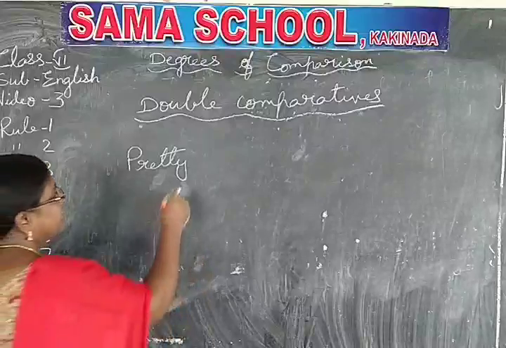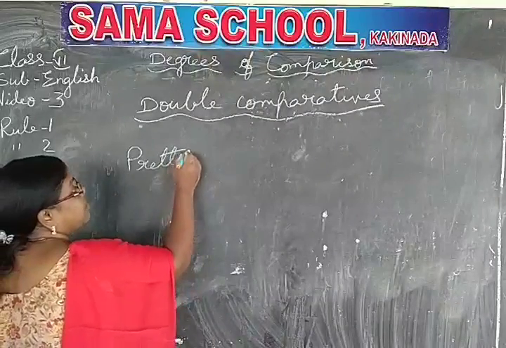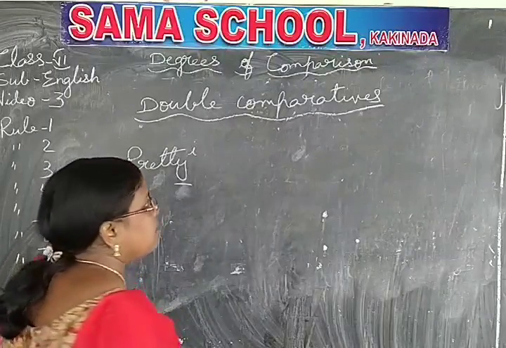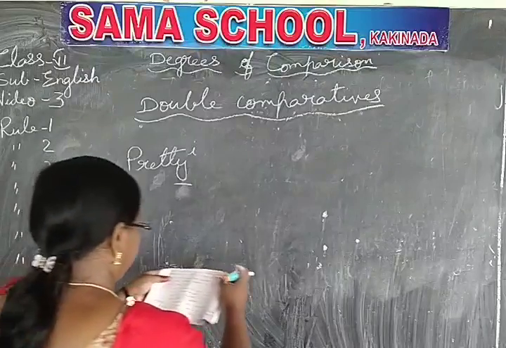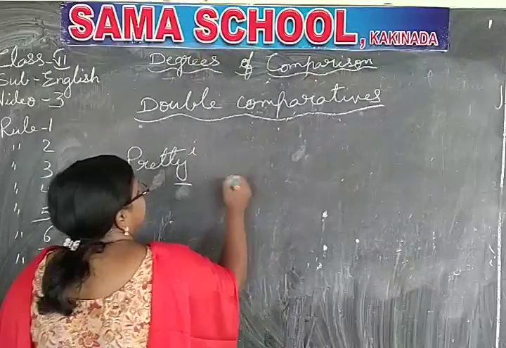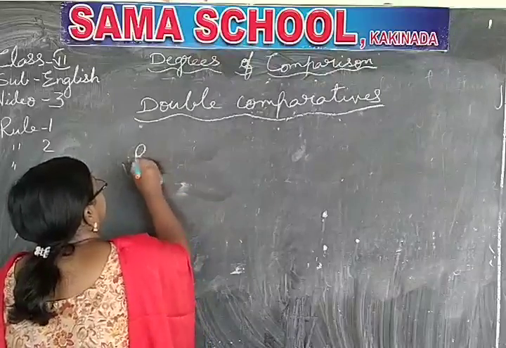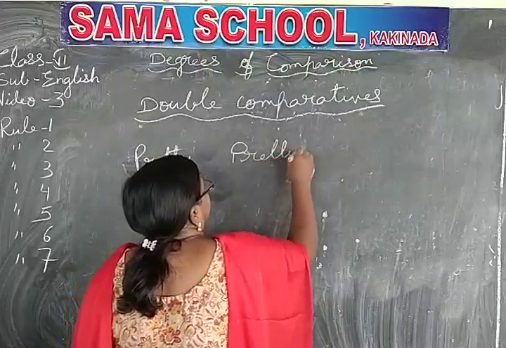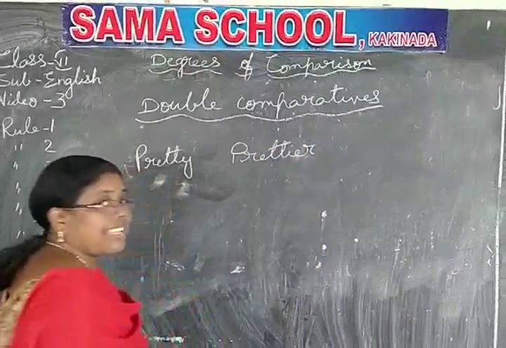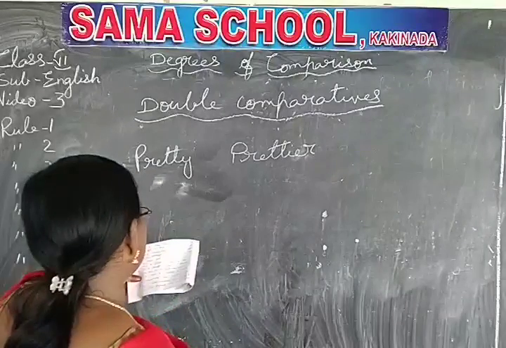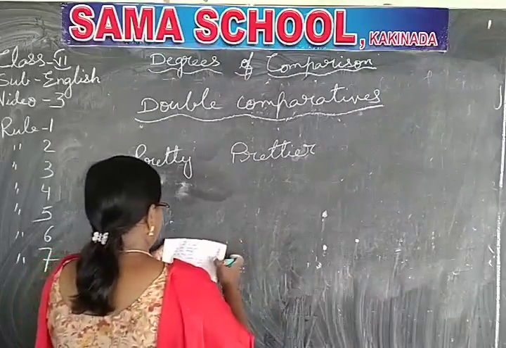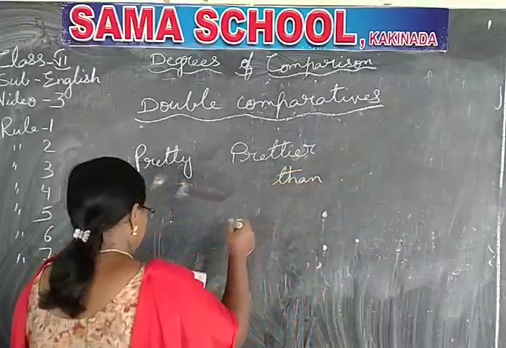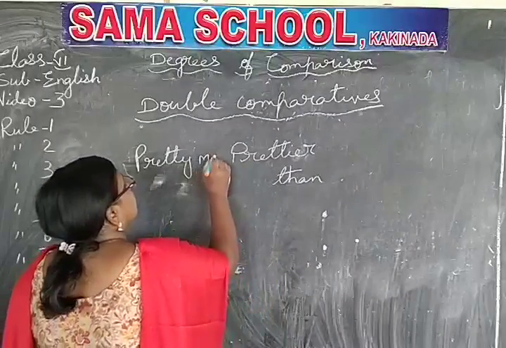Pretty. Ending is y, so you have to make this y as i. Pretty, prettier, prettiest. So the comparative will be prettier. You can't write more prettier than.